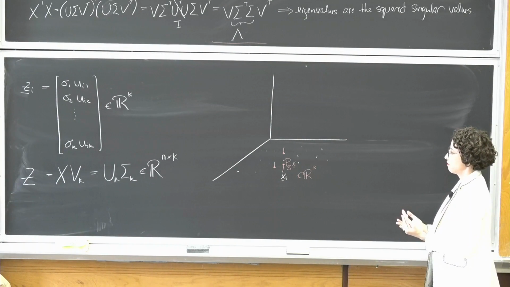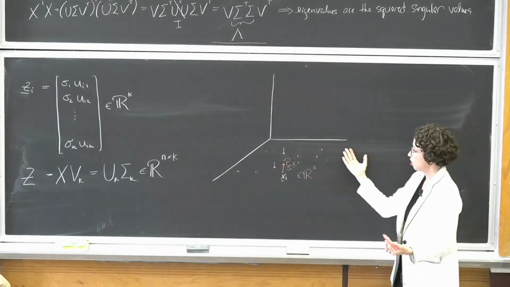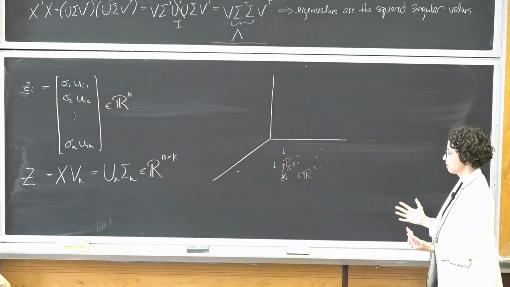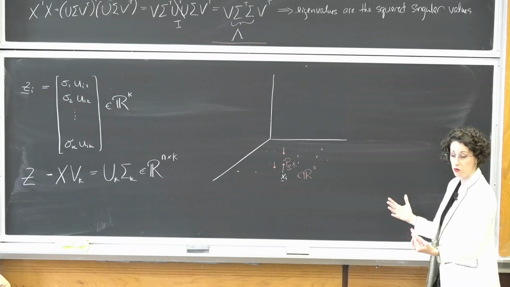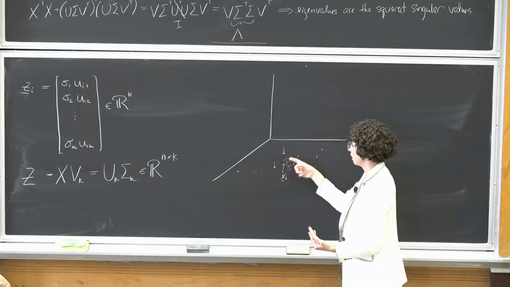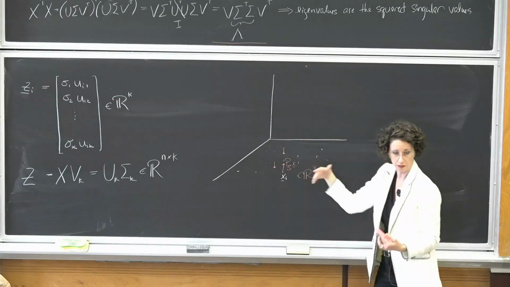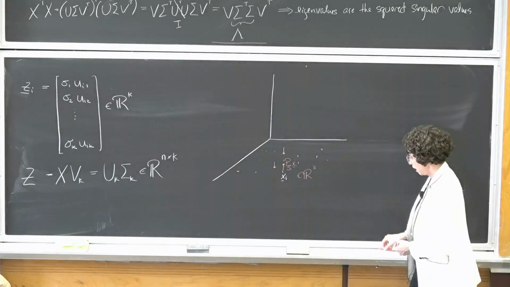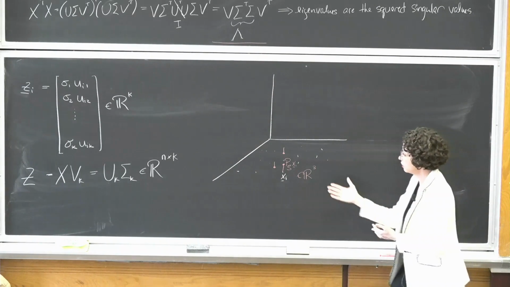But now, once I've projected all of the points onto the 2D subspace, all I need to tell you is where they are located within that 2D subspace. I just need to give you 2 coordinates. I don't have to tell you the vertical coordinate because I've already told you they're all in this 2D subspace. So how would I do that?